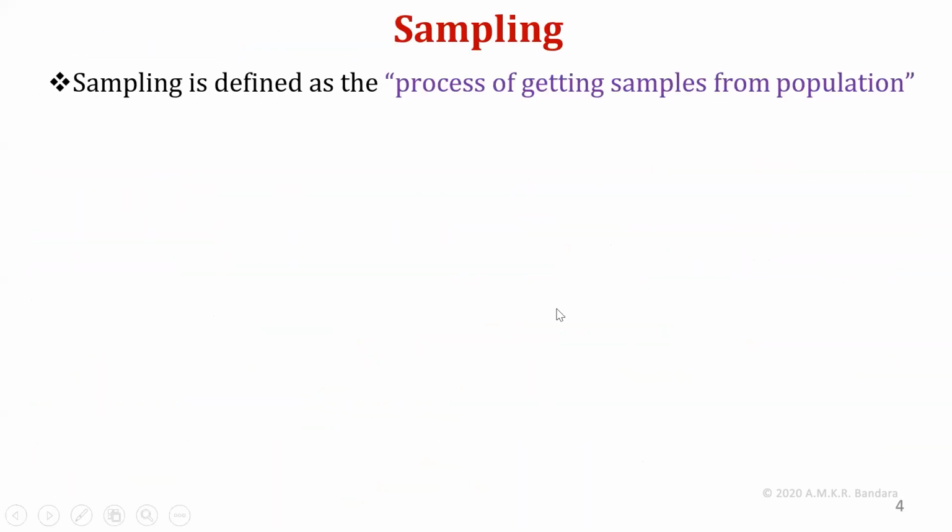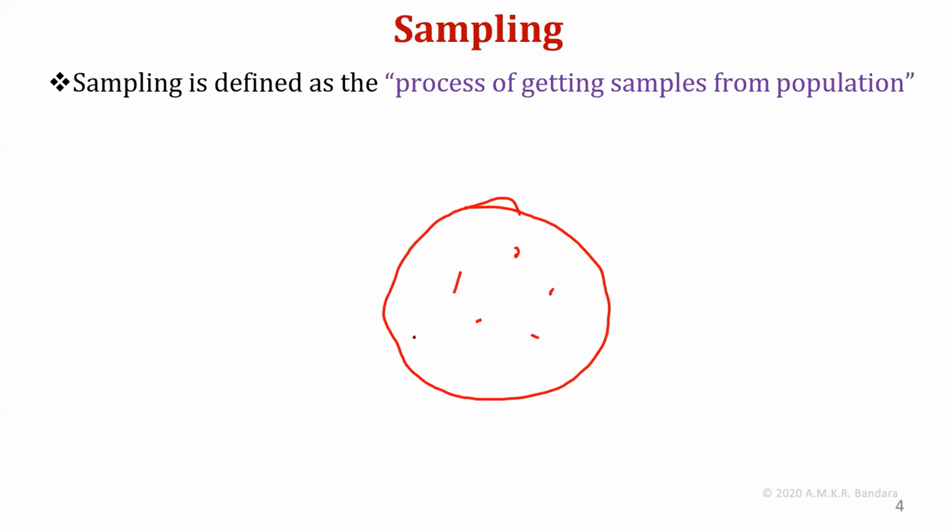Then sampling. Sampling is defined as the process of getting a sample from a population. We have the statistical population. There, for study purposes, we select some individuals and study only those individuals.